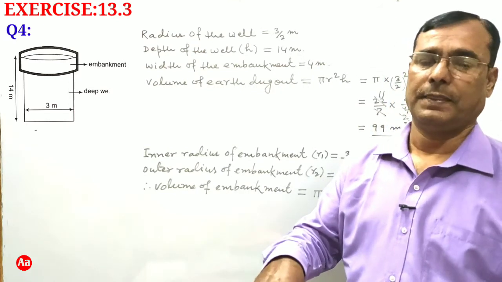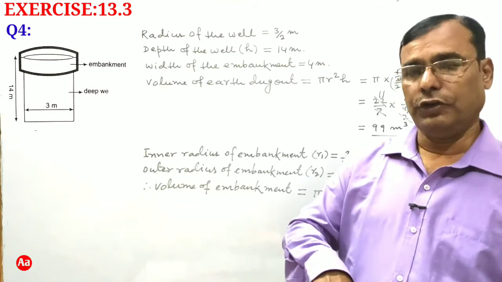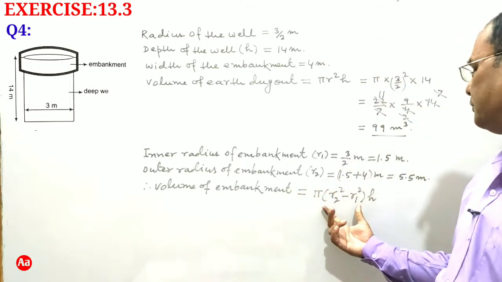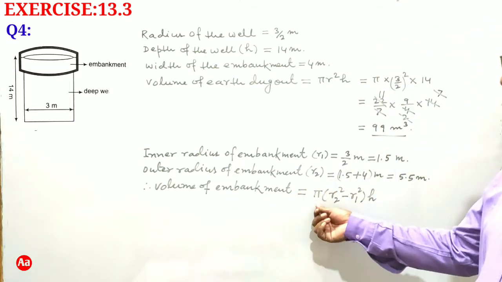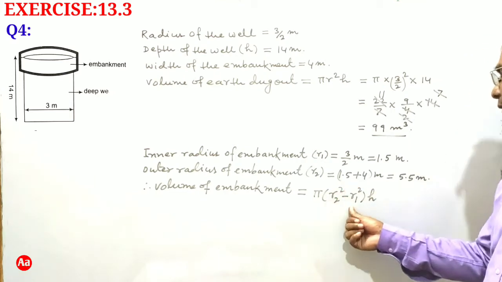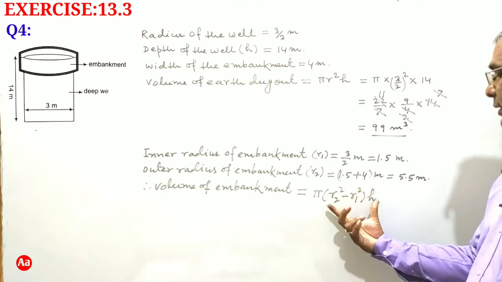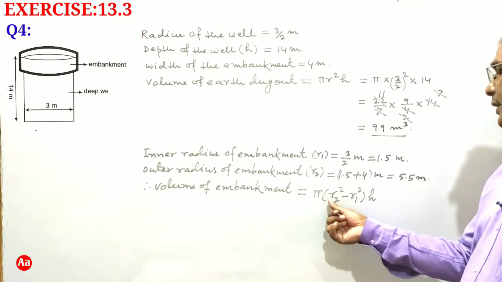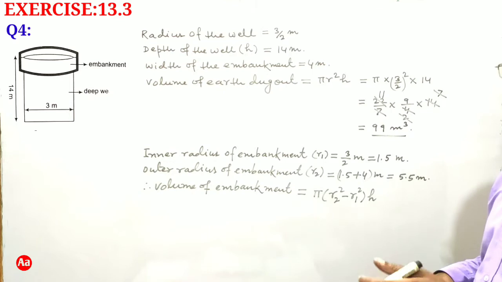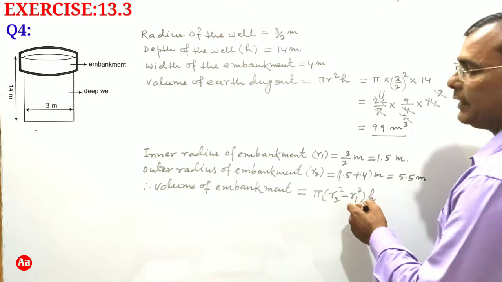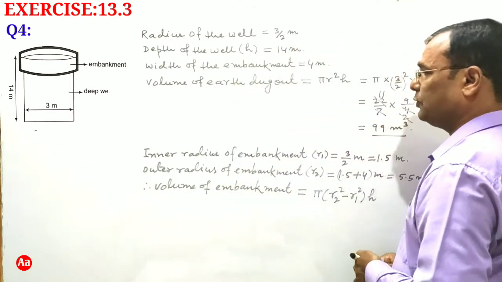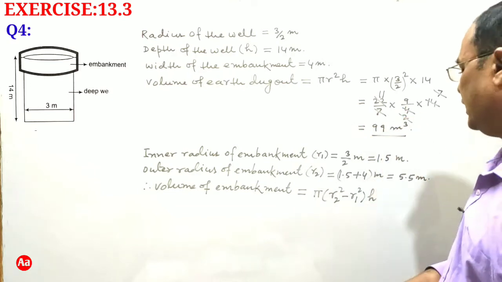Inner cylinder space is empty, so volume of outer cylinder minus volume of inner cylinder will give us volume of the embankment, that is pi R2 square H volume of outer cylinder, pi R1 square H volume of inner cylinder. So this formula is written pi R2 square H minus pi R1 square H, volume of outer cylinder minus volume of inner cylinder. Therefore, let's apply volume of embankment is equal to volume of the earth dug out.